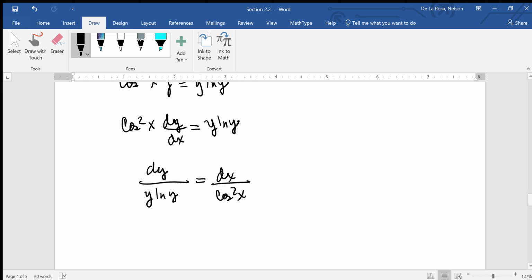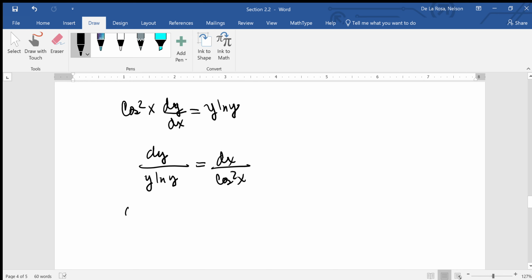And then recall that on the right, we can write cosine square as secant square of x dx. Then now integrate, find the integral.